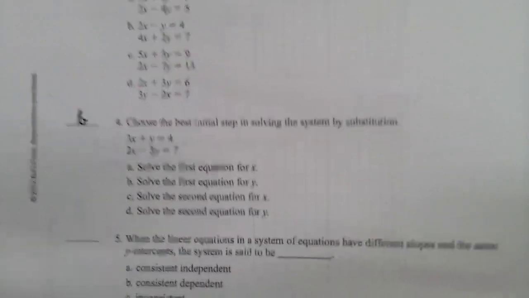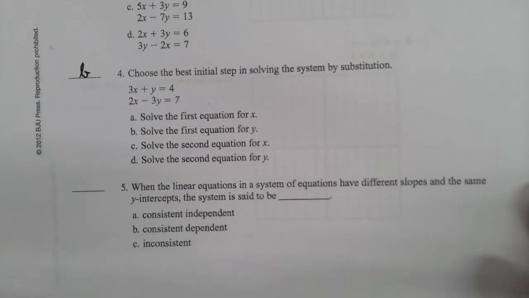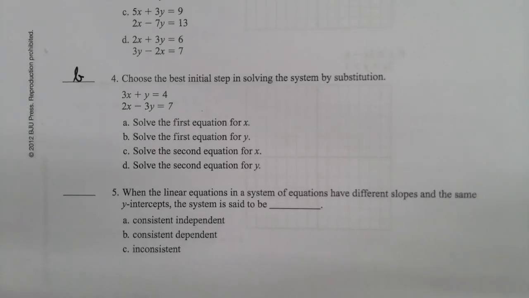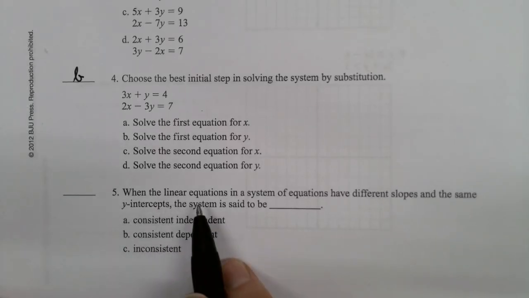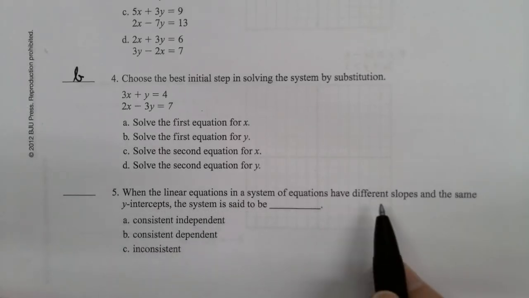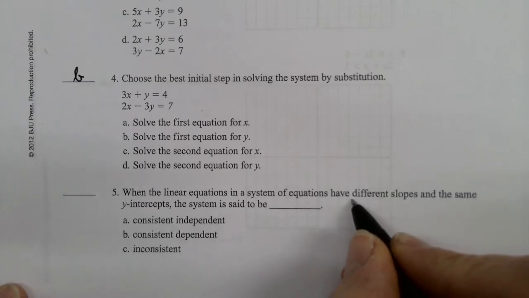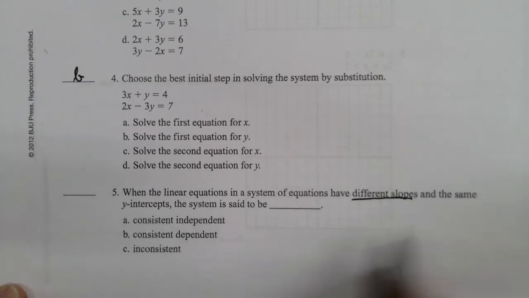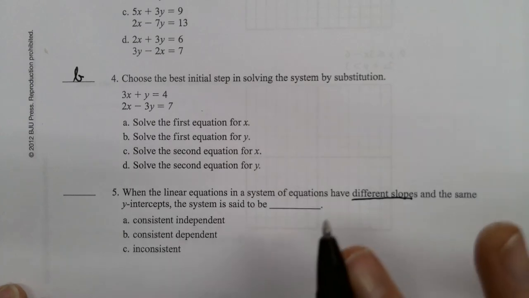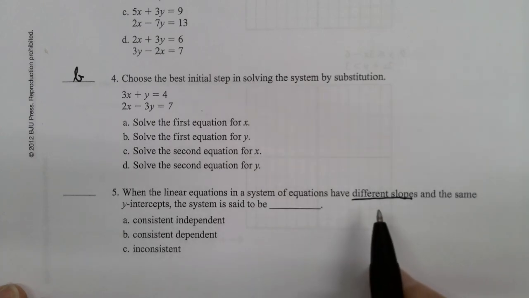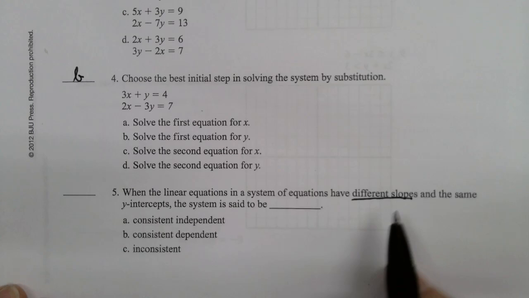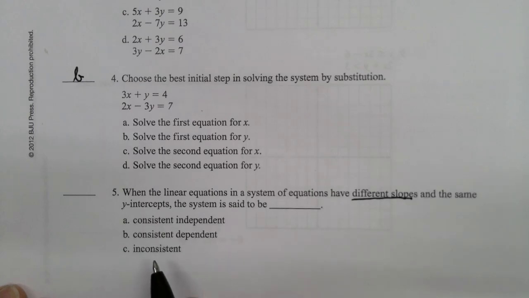Alright, and now number 5. When the linear equations in a system of equations have different slopes, key words right there, and the same y-intercepts, the system is said to be, okay, so hold on, right off the bat. If they have different slopes, it can't be inconsistent.